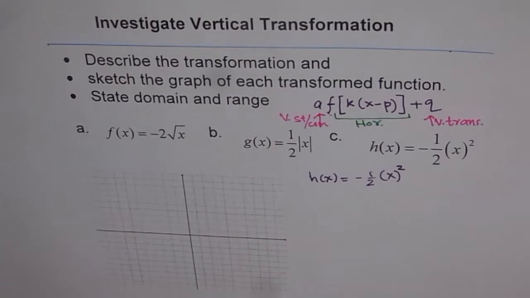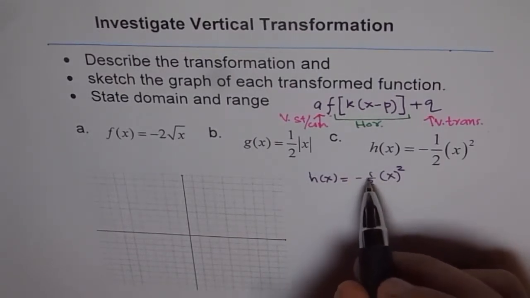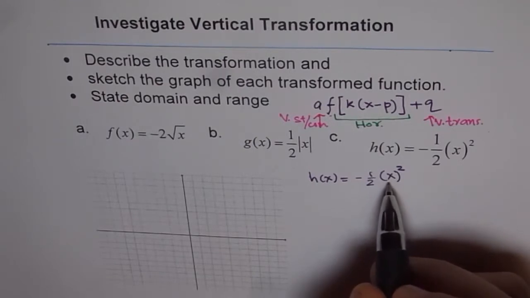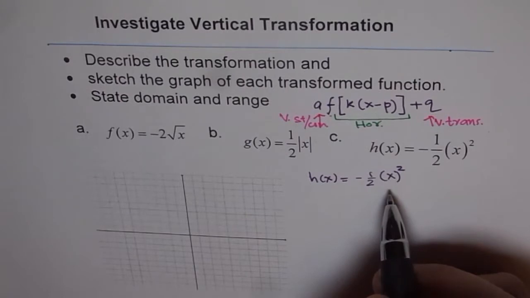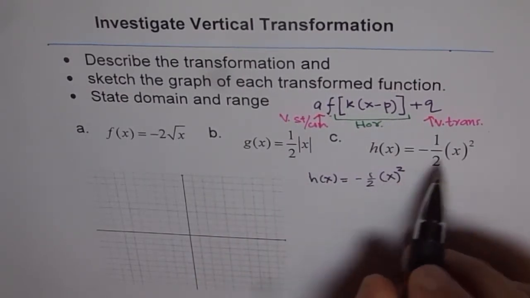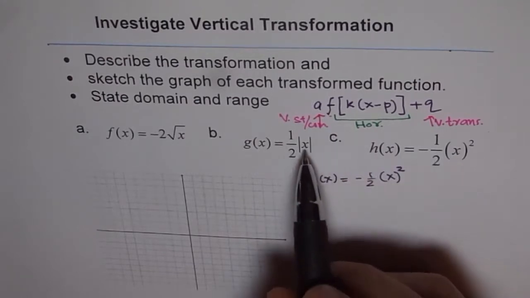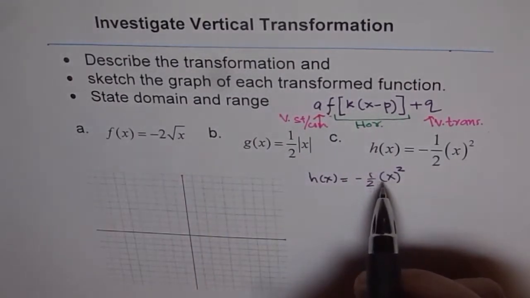Okay, now, in this particular function, h of x equals minus half x squared, the first thing is to plot x squared. You can make a table of values for any of these functions. The approach is kind of like this. These are your parent functions: parabola, absolute function, and square root function. So sketch your function.